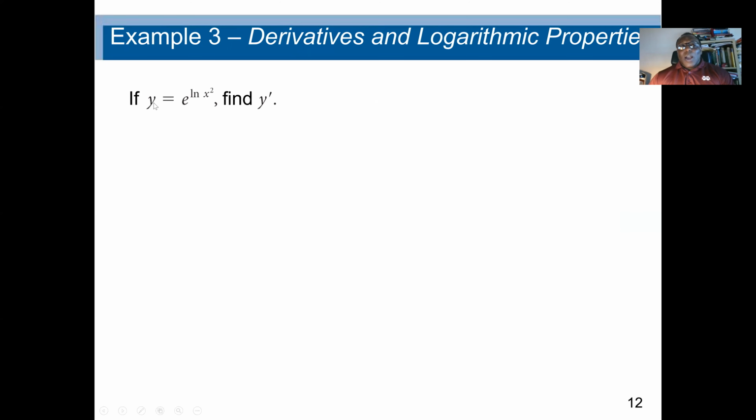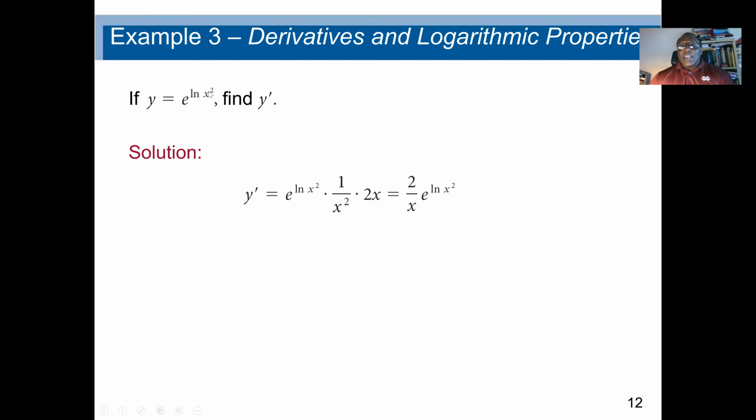So here we have y equals e to the power natural log of x squared. Now, if we have e to the power x, we know the answer will be e^x. But now the answer here will be e to the power natural log of x squared times the derivative of natural log of x squared. So we know the derivative of natural log of x squared will give us 1 over x squared.